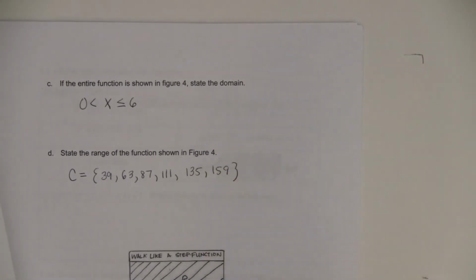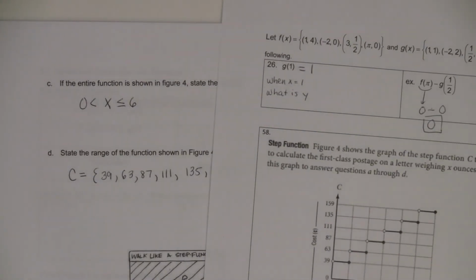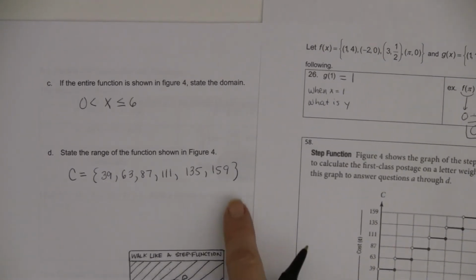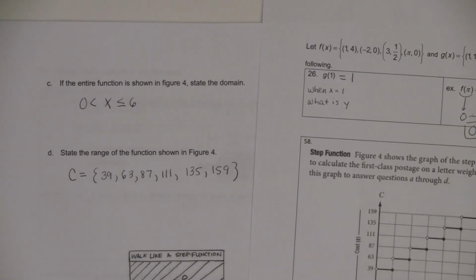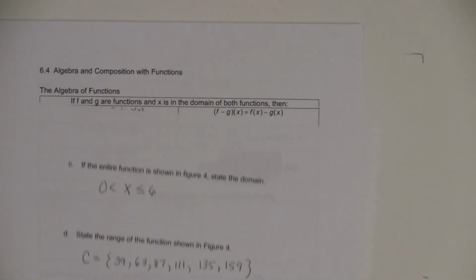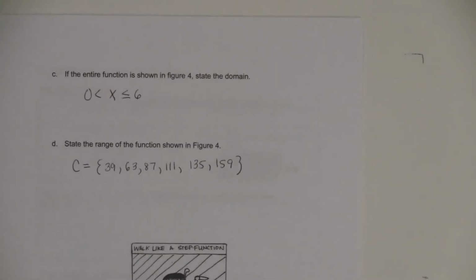Those are the only possibilities for the cost for this step function that you would have. And then I ended it with my set notation. Okay, so that was that step function that they have, and that takes us to the end of 6.2.